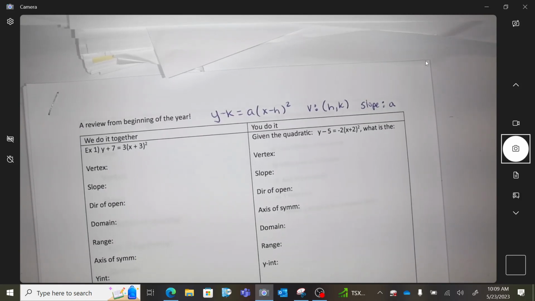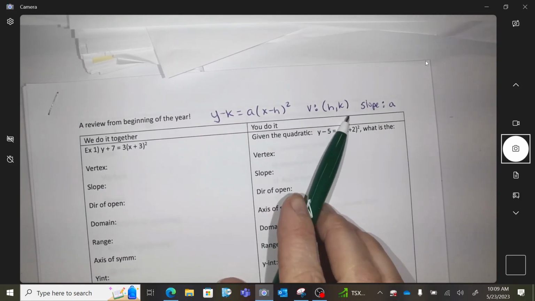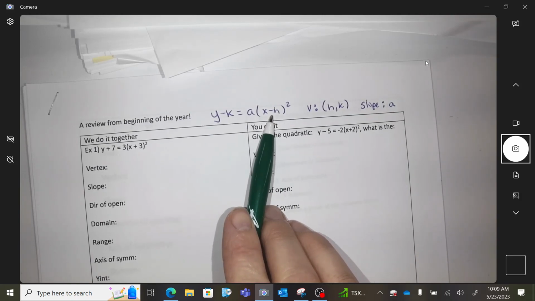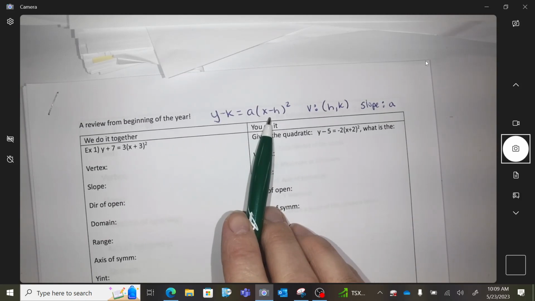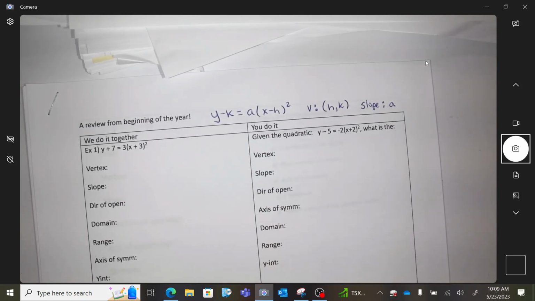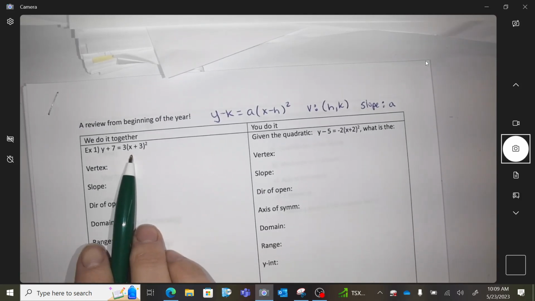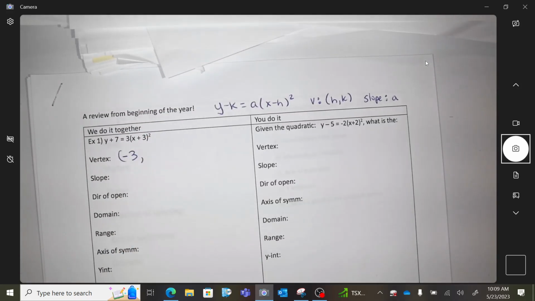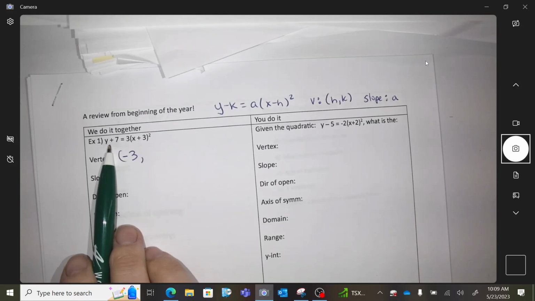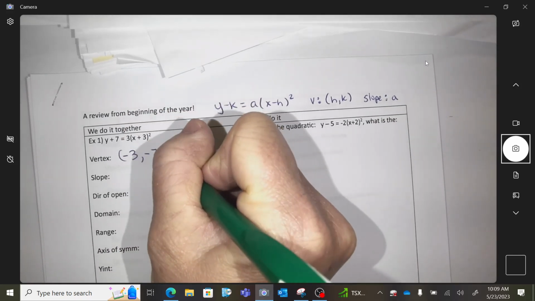So when we looked at this formula, with the h and k, did you notice how this is a subtract h and this is a regular k? So what do you do when the formula has a negative value? You write the opposite. So the vertex on this one would be -3, -7.